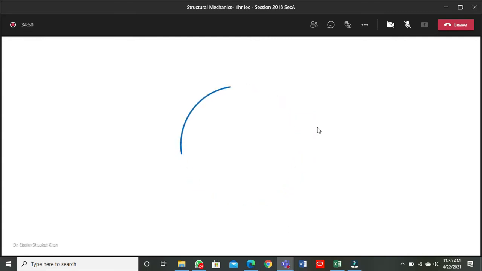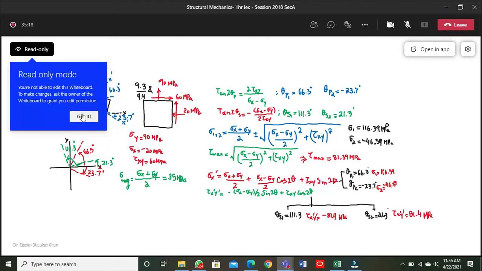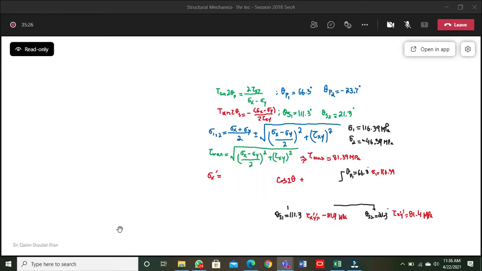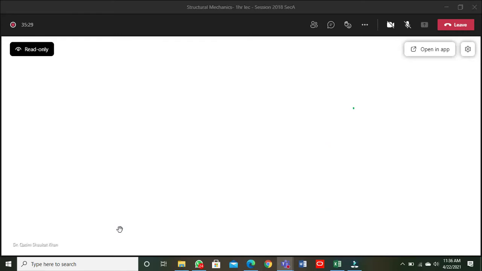So let's first draw this ZX case. So this is my x-axis, this for the element. You can see there is no principal stress about the z-axis, so no principal stress.